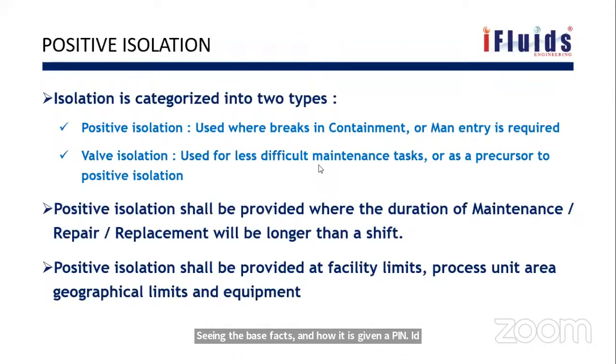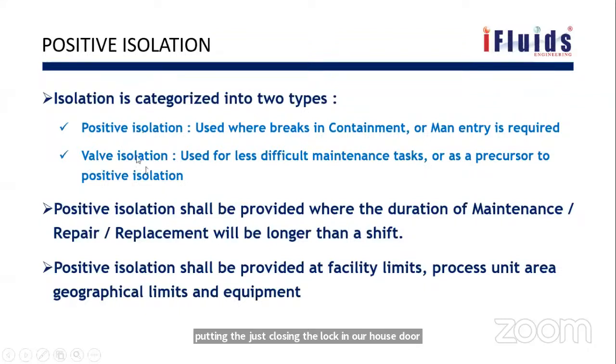Positive isolation is analogous to closing the door of our house. We have two types here: positive isolation and valve isolation. Valve isolation is just closing the lock on our house door.